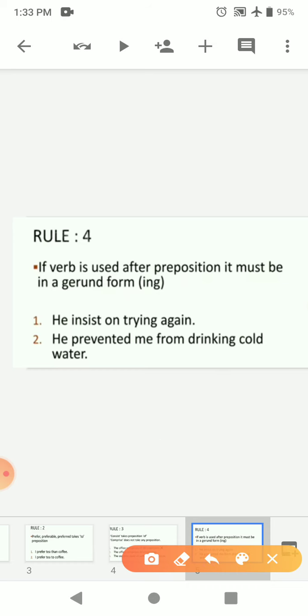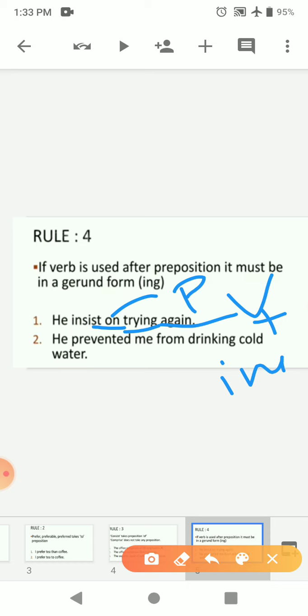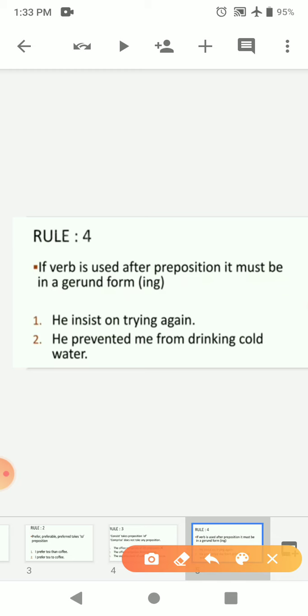For example, "He insists on trying again." On is a preposition, and try here is the verb, so we have to use the ing form of the verb.